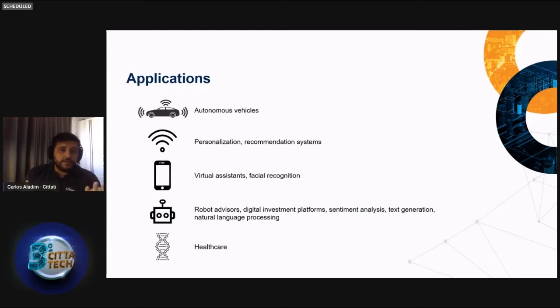Another algorithm really present on smartphones is facial recognition. For example, the iPhone's facial recognition uses deep learning to identify data points from your face to unlock the phone or spot you in images.